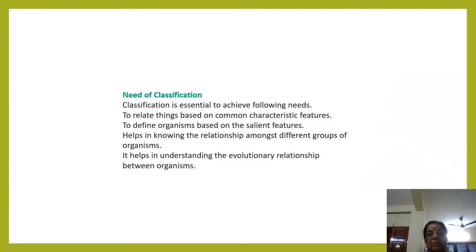Second one, what is the need for classification? Classification is essential to achieve the following. To relate things based on common characteristic features. To define organisms based on salient features, that is, features related to that particular organism or group.